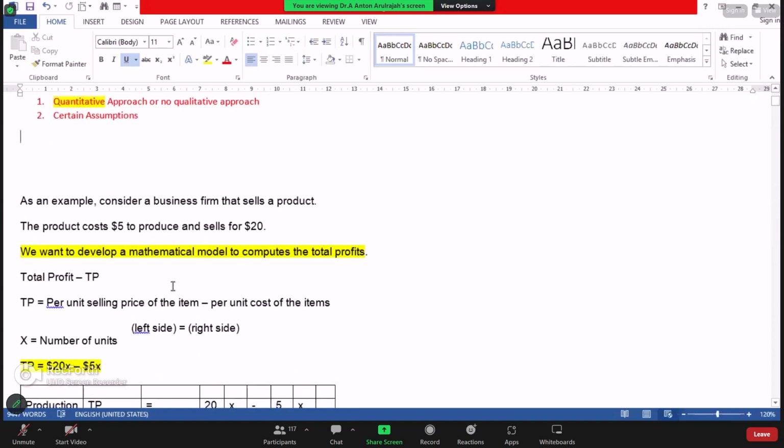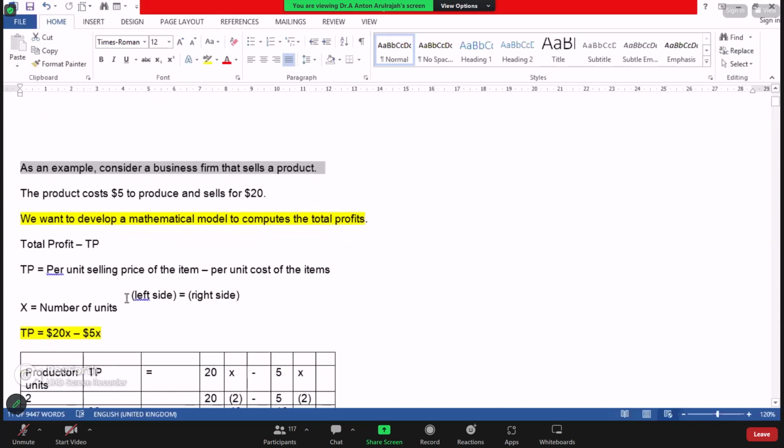Then we check the model, how to formulate models, and I am taking a very simple example for you. This one shows that the production cost is 5 rupees, or $5, per unit, and the selling price is 20. How do we develop a mathematical model to compute the total profit?